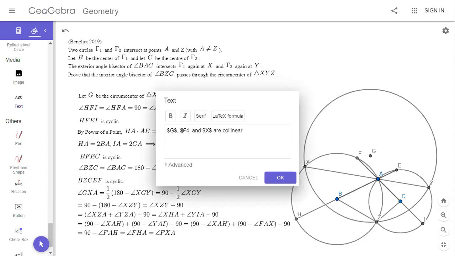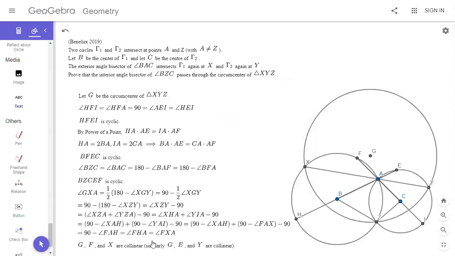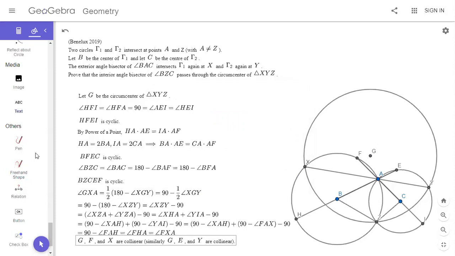And then similarly, G, E, and Y are collinear. So I'm positive there's probably a way to simplify this, but this is how I'll do it for now.